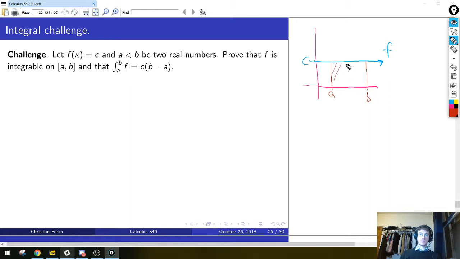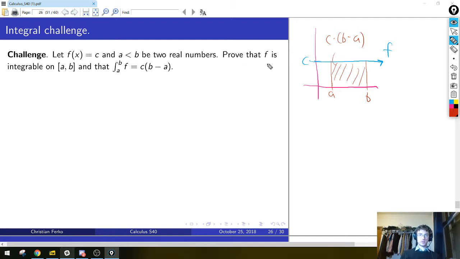Now, we certainly expect that the area under this should be, well, the height is c and the width is b minus a. So if our definition that we just made is any good whatsoever, then we should be able to prove directly from that definition that the integral from a to b of f is c times b minus a. So let's do that.